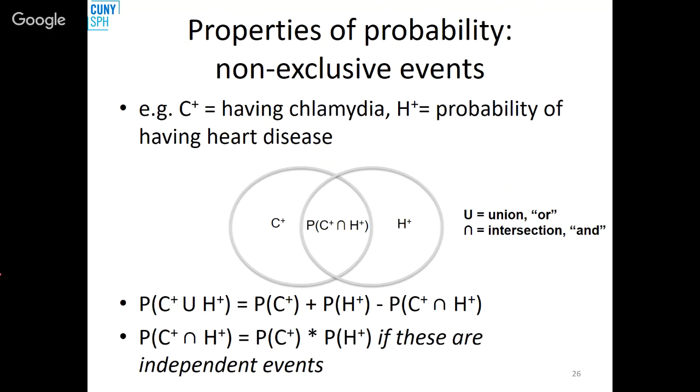And that intersection, the probability of both, is just the product of these two if they're independent events. So if having chlamydia and having heart disease bear no relation to each other, then the probability of both is just the product of the two. Just like the probability of flipping heads on a coin twice in a row, assuming they're independent, is a half times a half.